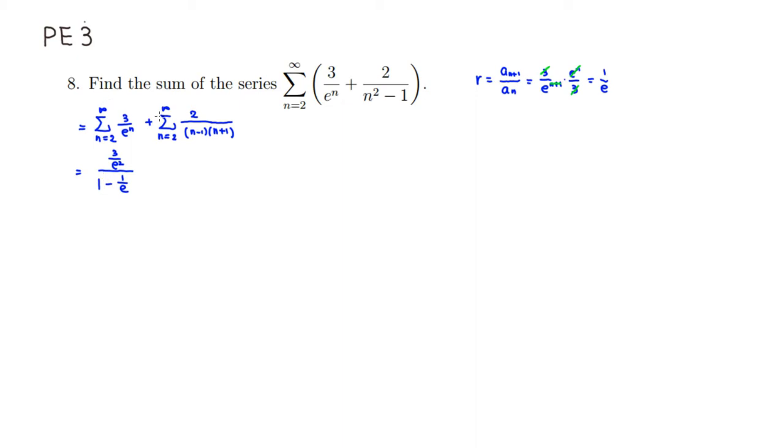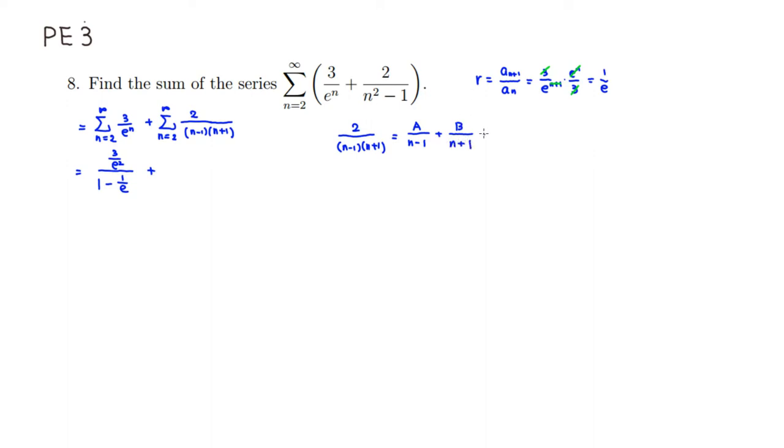The second one is a telescoping series, so we need to find the partial sum. Before we do that, we actually have to do a partial fraction decomposition. So you have 2 over n minus 1 times n plus 1. We can decompose this into some constant a over n minus 1 plus some other constant b over n plus 1.